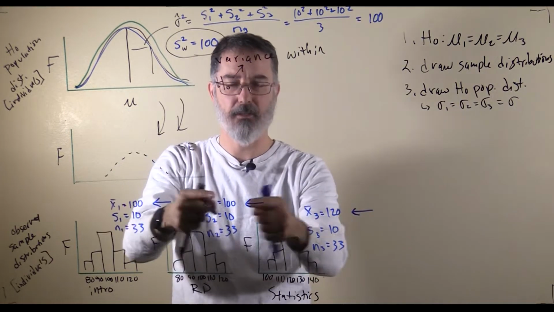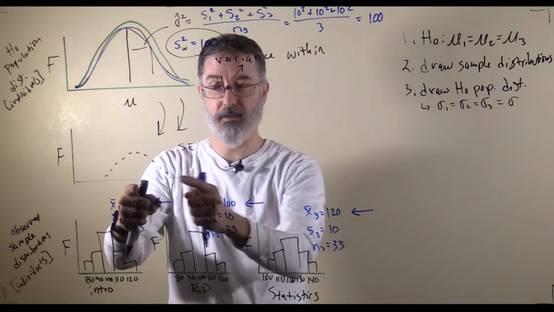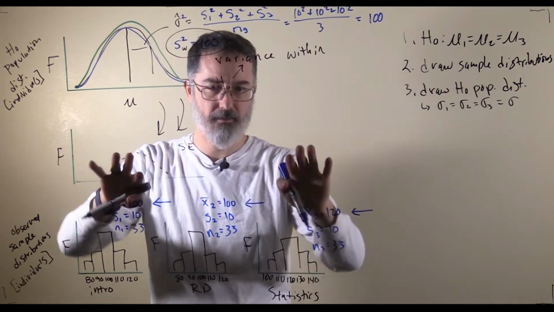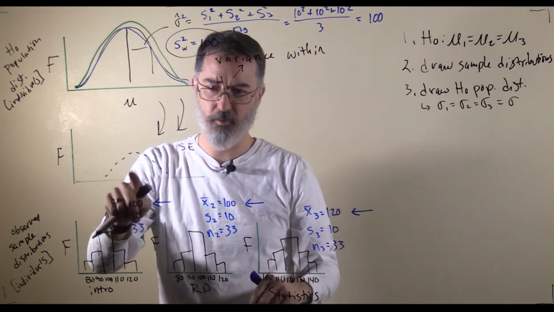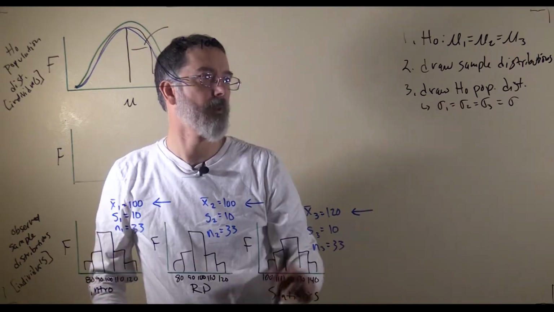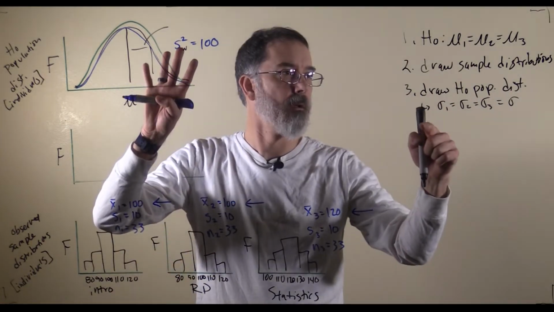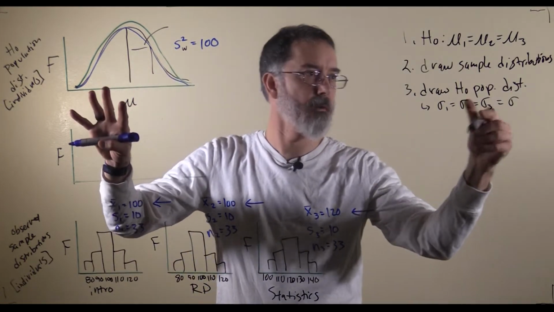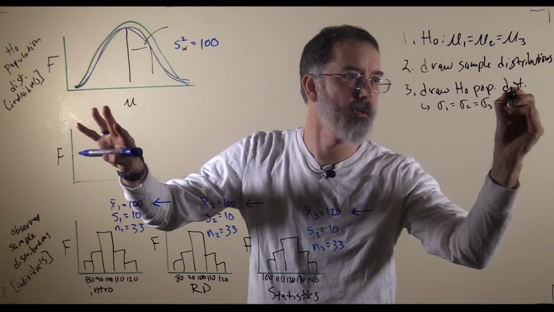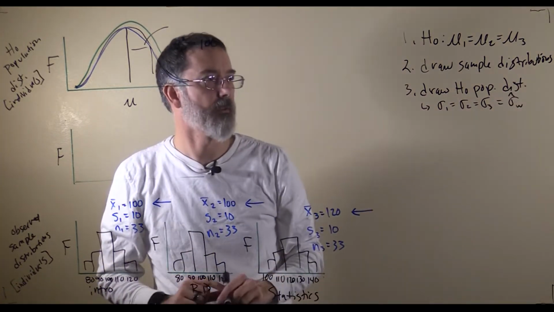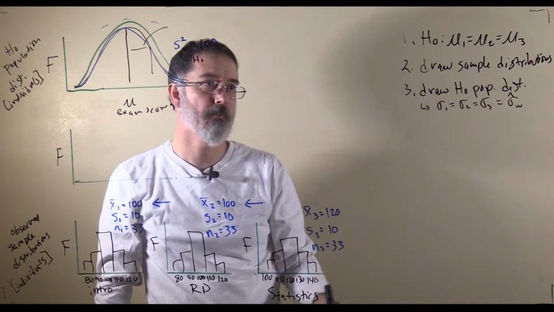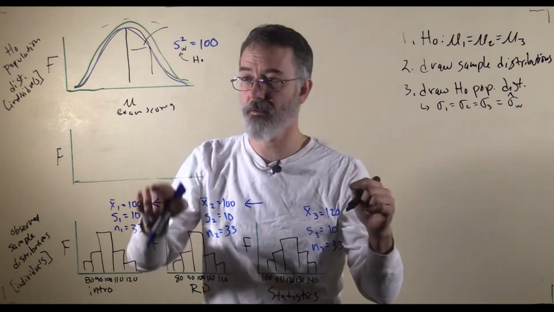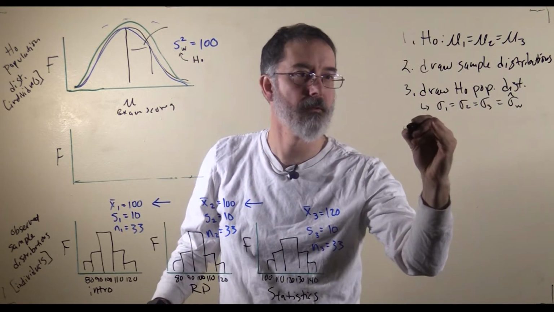And how much these vary is going to be called the between groups variance because these means are between the groups. Group 1, Group 2, and Group 3's means. All right, so we've got our population distributions drawn, and we'll call this within, and it's our estimate based on our three samples. Next, we will draw the observed sampling distribution.